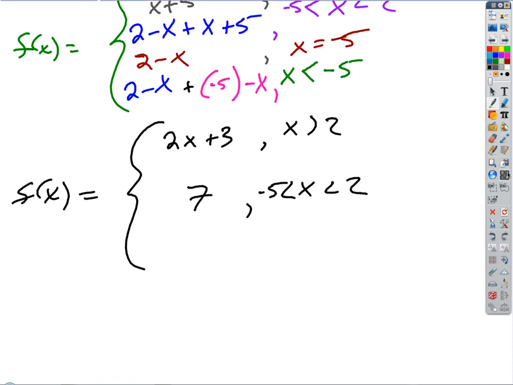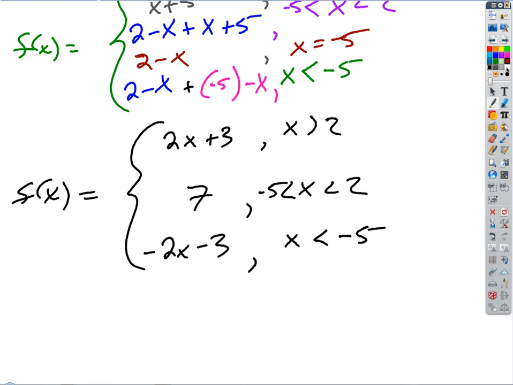And then if we look down at this bottom row, what does that give us? Negative 2x minus 3. Everybody agree if I just add up all those terms, when x is less than -5?